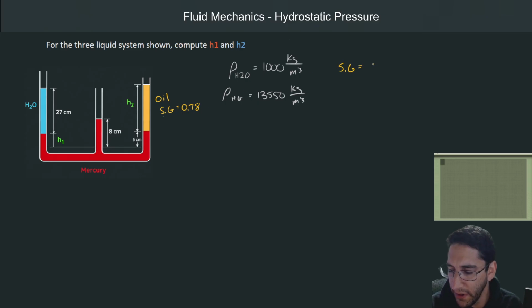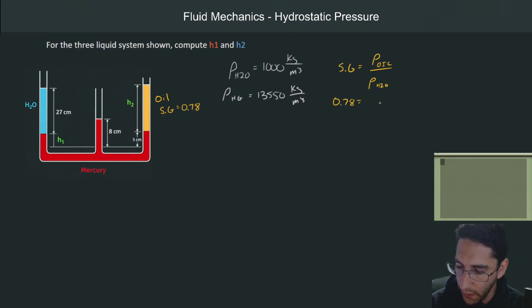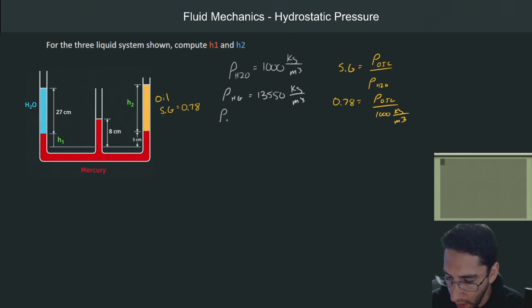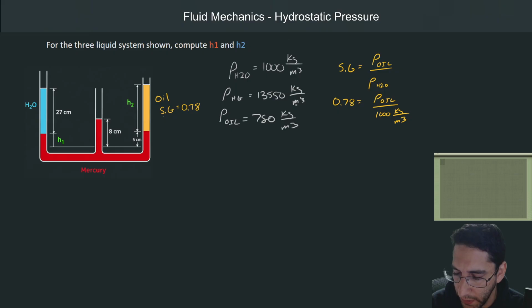Specific gravity is the density of the oil over the density of a reference, which is water. So 0.78 is equal to the density of the oil over 1,000 kilograms per meters cubed, and I'll get that the density of my oil is equal to 780 kilograms per meters cubed.